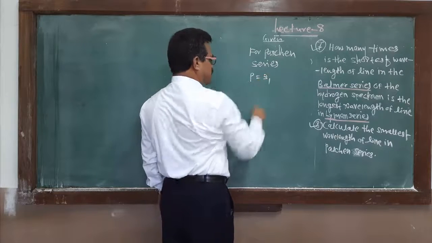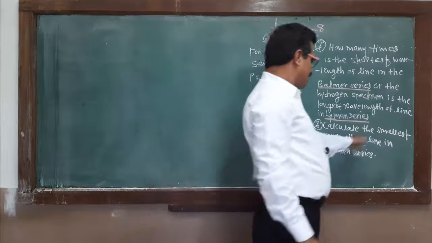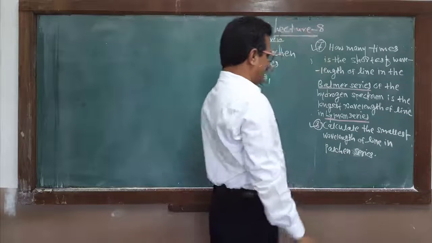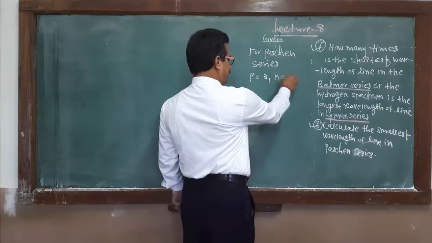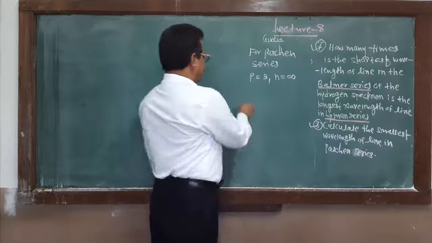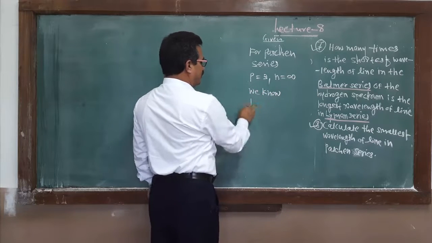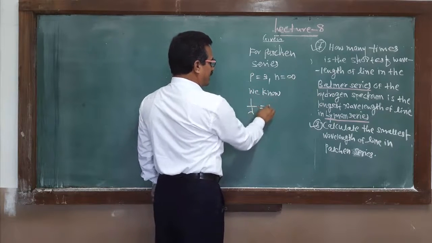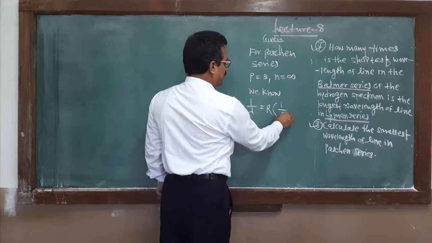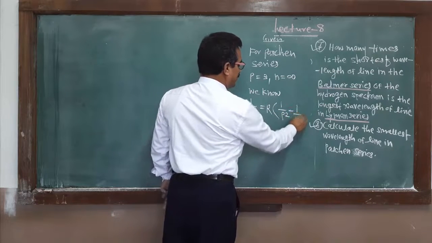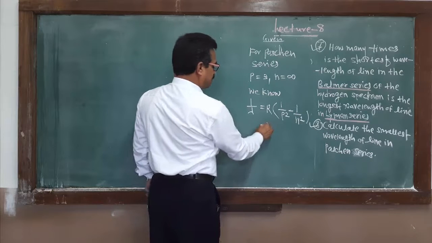P is equal to 3. And smallest wavelength means n is equal to infinity. Again, use the formula. We know 1 upon lambda is equal to R in bracket 1 upon P square minus 1 upon N square. That must be equal to R.